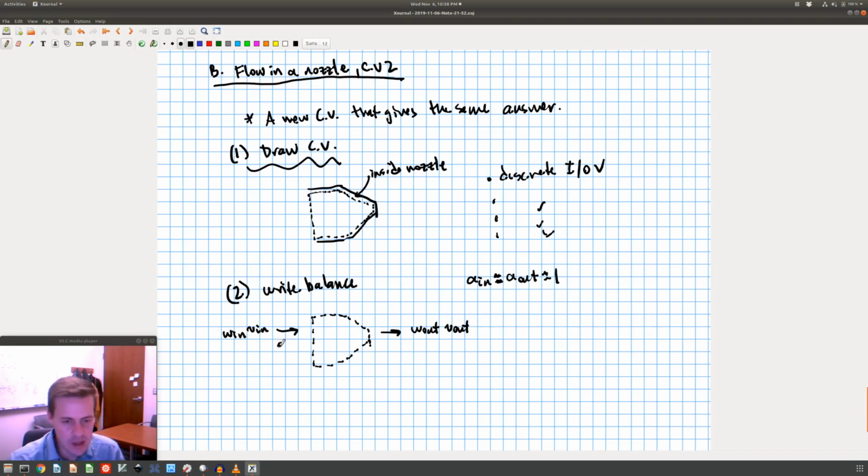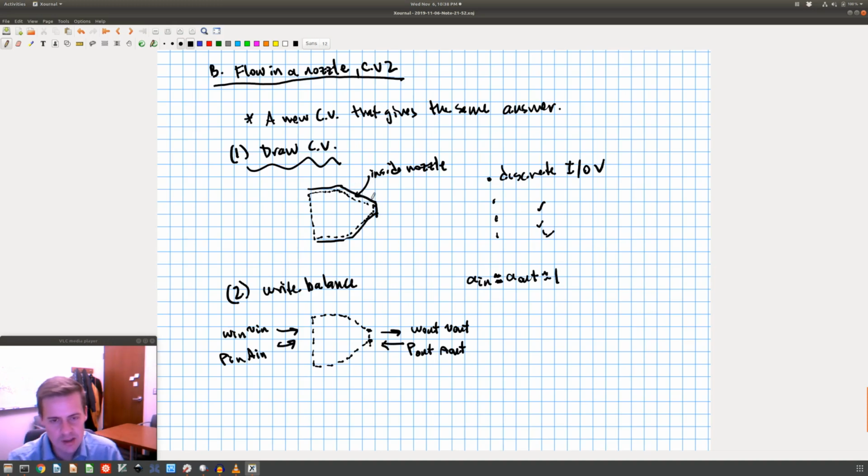I still have P in A in here, but on this side I have P out A out. It's because I have a balance only on this piece right here, P out A out. I don't have pressure coming out this part here because that's not where I drew my control volume.